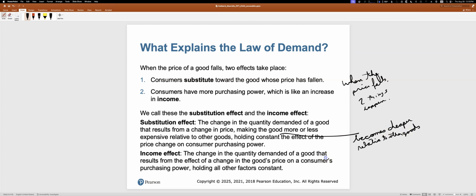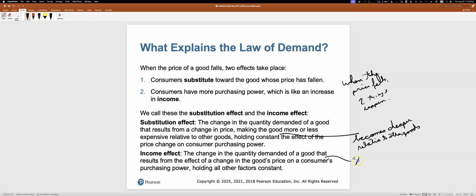And then at the same time as that's happening, if we looked at it in terms of my purchasing power, right? So if my income isn't changing, let's say it's $1,000 a month. It's not what my income is, but let's just say it's $1,000 a month. If my income is $1,000 a month and that good has fallen in price, I can buy more of them with my $1,000.